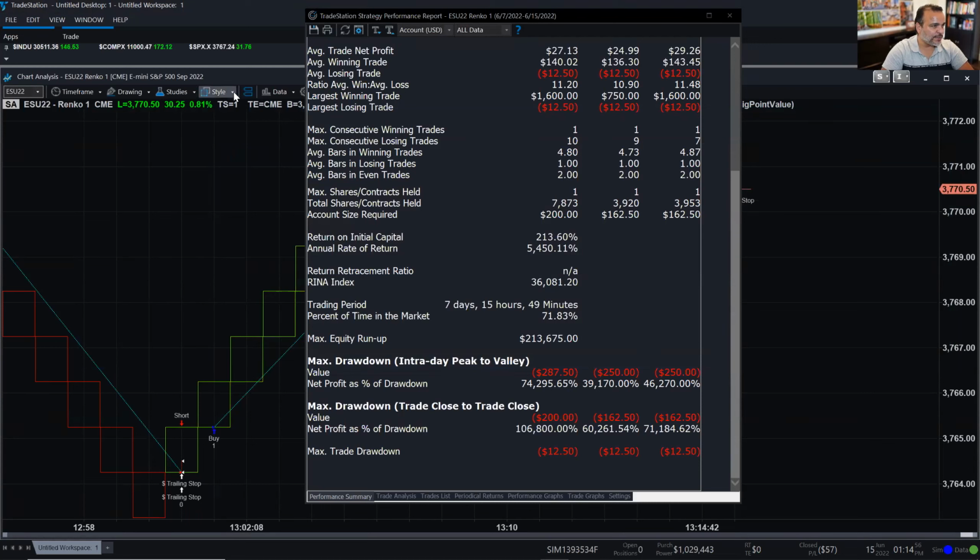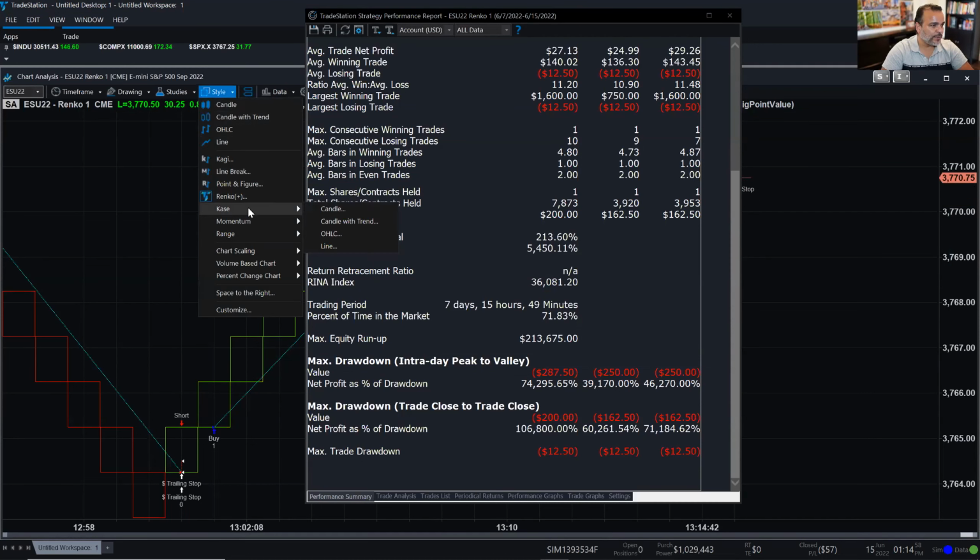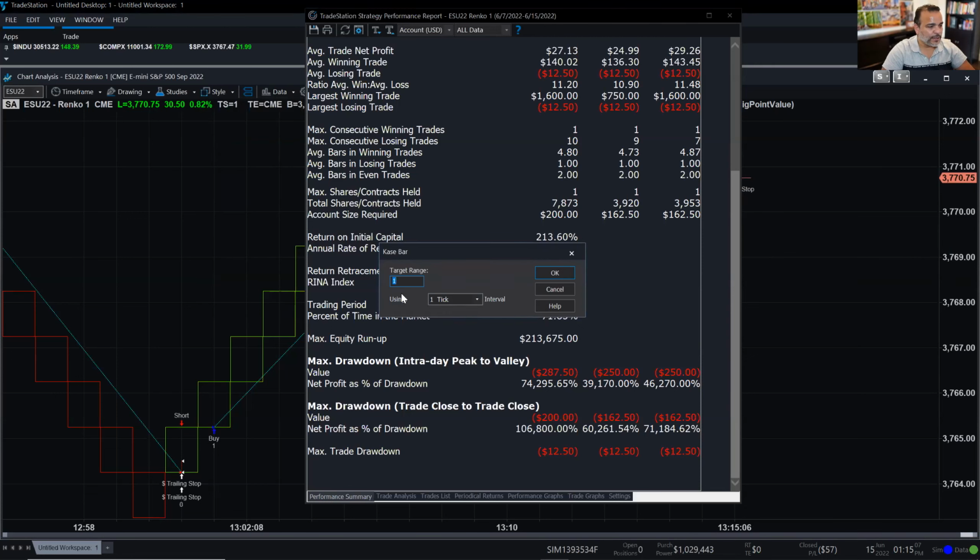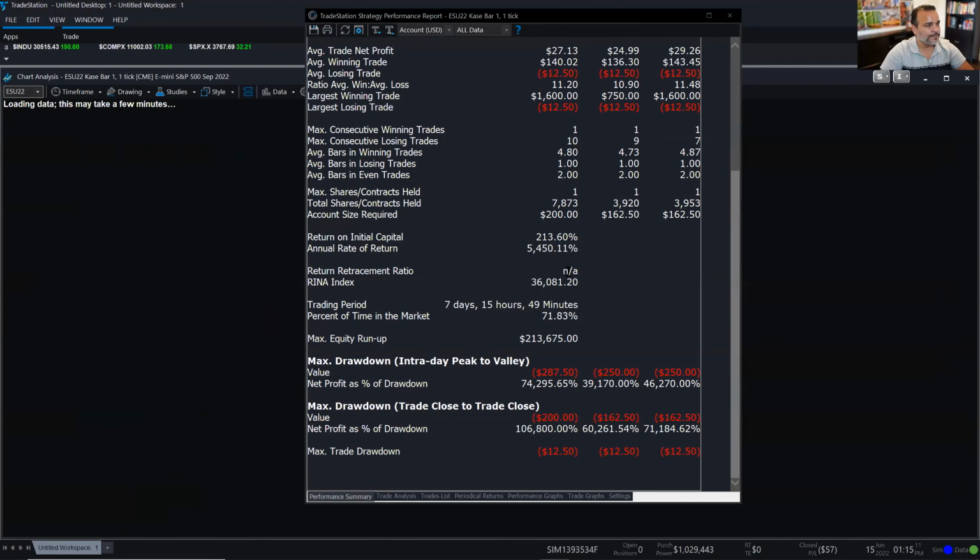Okay. Sure, let's see it with Kagi. Marcella is asking, so let's go here to style, go to Kagi, and let's do candle. My target range, let's use 1 and 1 tick, same as we used in Renko.